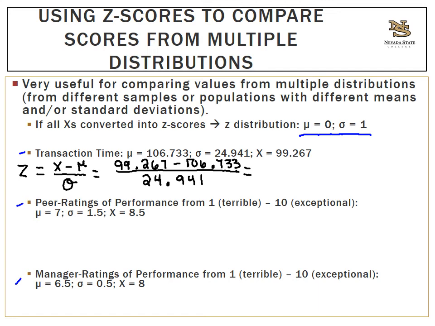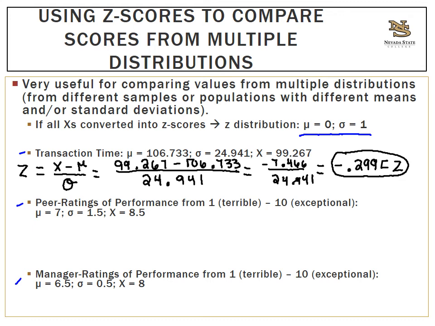So you end up with, in the numerator, negative 7.466 divided by 24.941, and you get a z-score of negative 0.299. So it's good, right? Because we want negatives, we want low transaction times, but it's not impressively low, right? It's good, but it's not amazing.